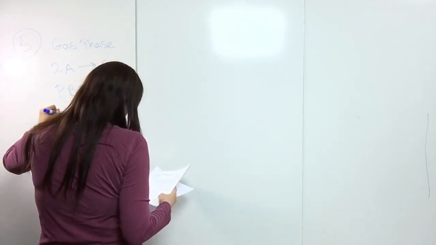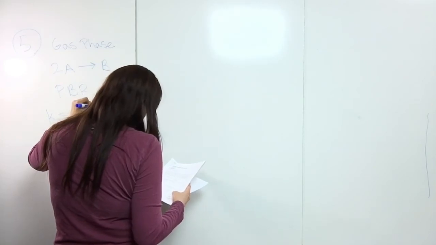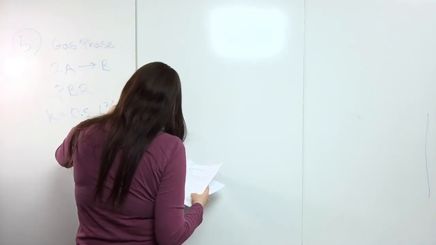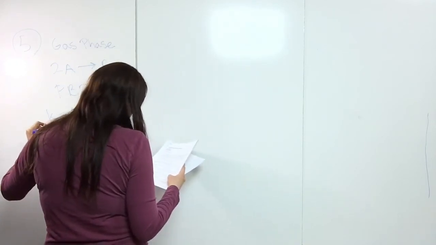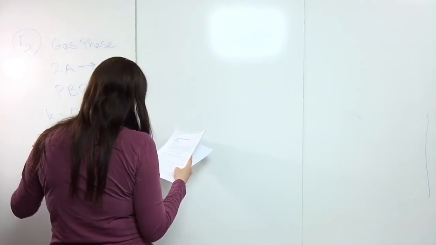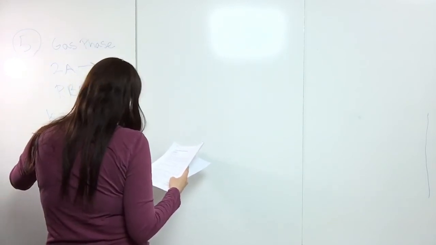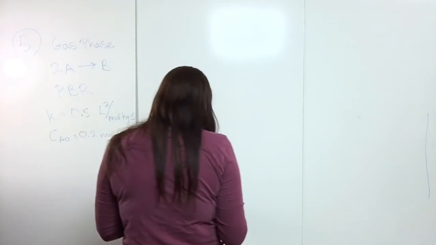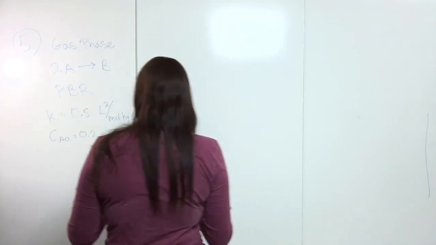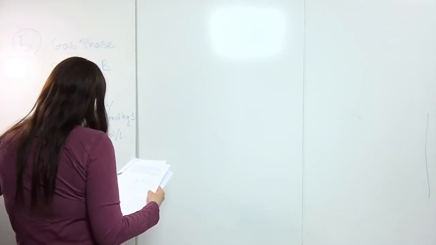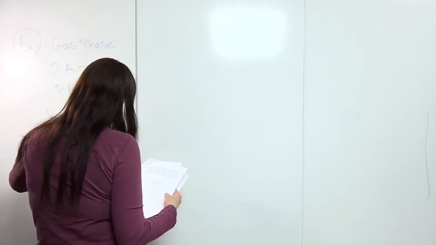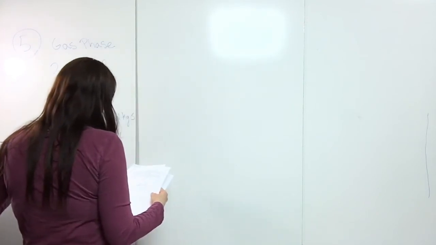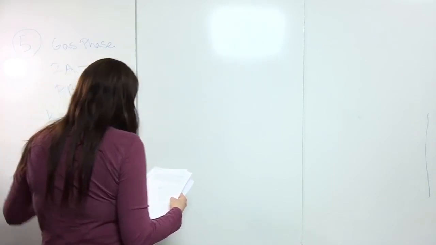So K is equal to 0.5 liter squared per mole kilogram second. And then it says your initial molar concentration of A is 0.2 moles per liter. So Ca naught is equal to 0.2 moles per liter. The volumetric flow rate is 0.15 liters per second, so v naught equals 0.15 liters per second. The pressure drop parameter is 1, so alpha is equal to 1.